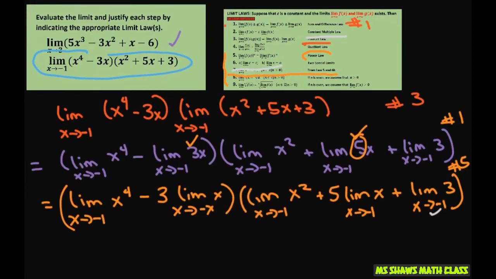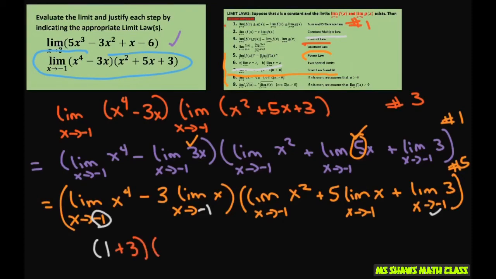Basically all you're doing is plugging in your numbers, which should be -1, into the x. So we're going to have 1. Now this is going to be -3 times -1, so I'm just going to change that to save space. That's going to end up being plus 3.